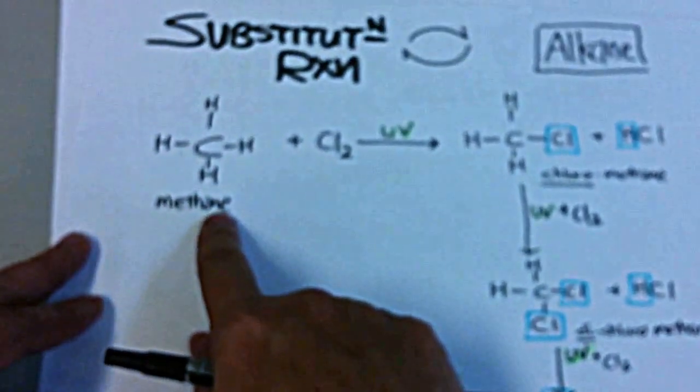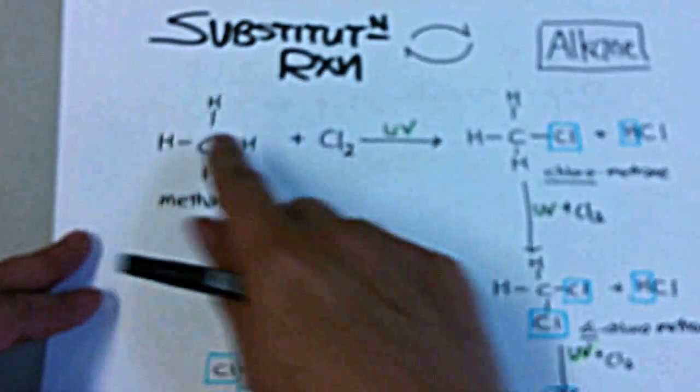It goes through another substitution with more chlorine gas, and what you get is trichloromethane and hydrogen chloride gas coming out, and another substitution gives you tetrachloromethane. Tetra means 4. When there is no longer any more hydrogen inside the original methane molecule, substitution stops and the reaction stops. So in this case, substitution can occur 4 times because there are 4 hydrogens.